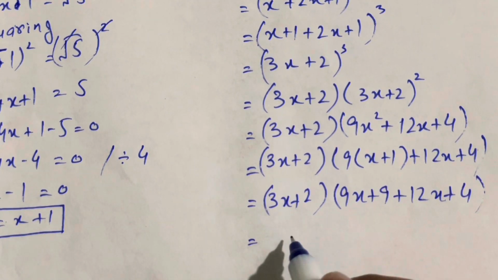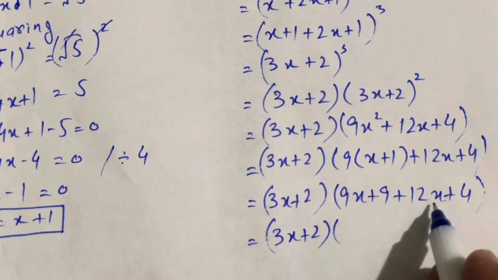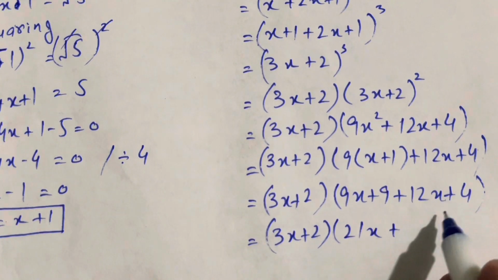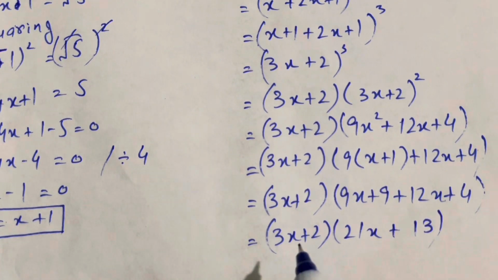Now again, it becomes 9x plus 12x becomes 21x, and 9 plus 4 becomes 13. So this becomes like this.